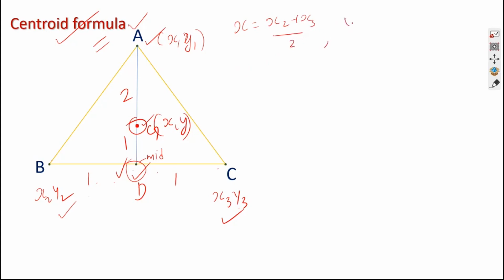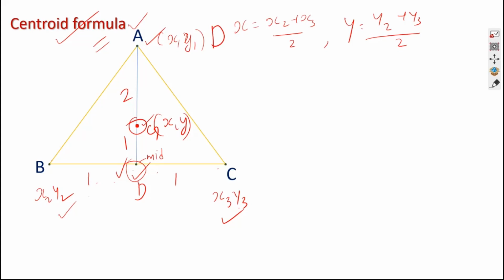And to get the other coordinate, the y coordinate of D, we will write y2 plus y3, correct? y2 plus y3 upon 2. So we will write this as the coordinates of D, my dear students. We got the coordinates of D now.